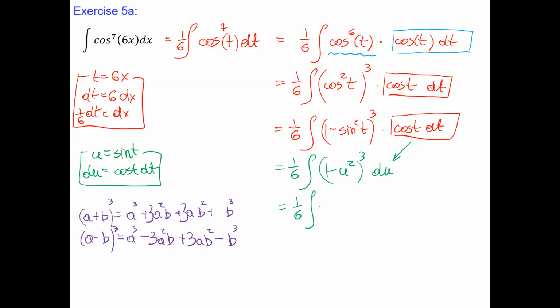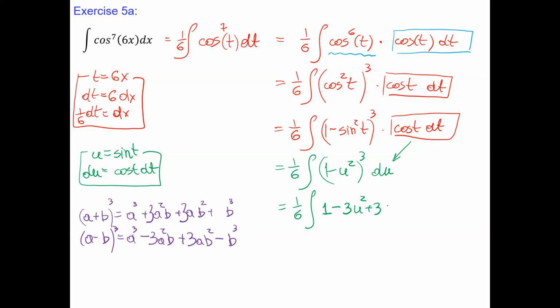Let's see. That means our a is 1, our b is u squared. We have to be careful. That means this will be 1 cubed minus 3 times a squared times b. A squared is 1, and b is u squared. Now plus 3, a is 1, b squared.